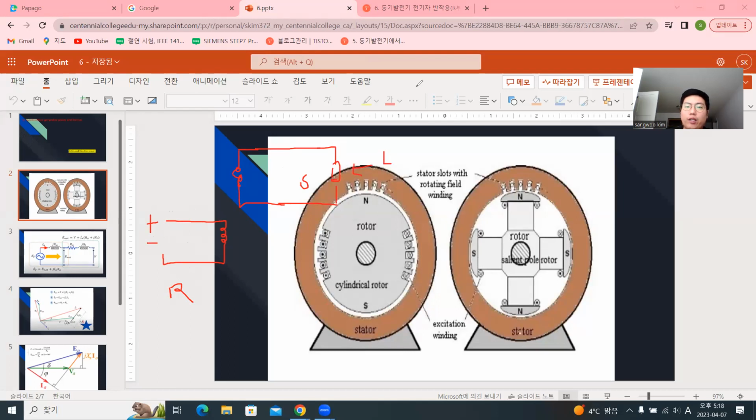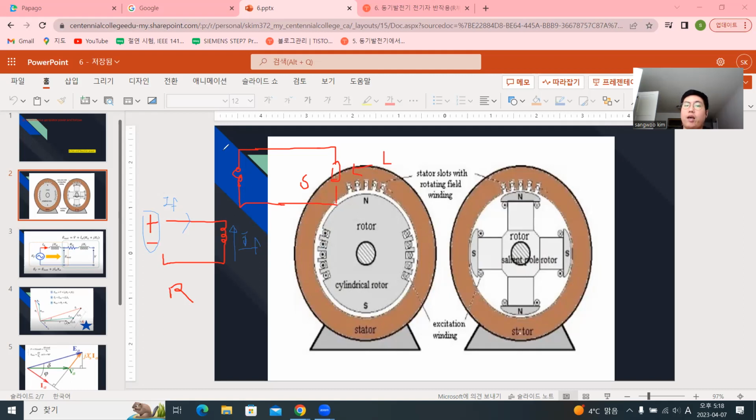First, we need to make a current from the DC source. I will say this is I_F, the exciting current. It makes a flux, phi_F, from the coil, linking to the stator part.